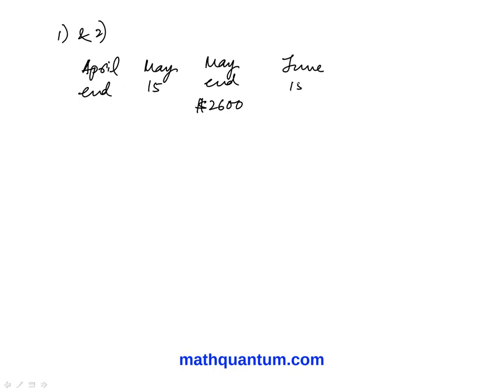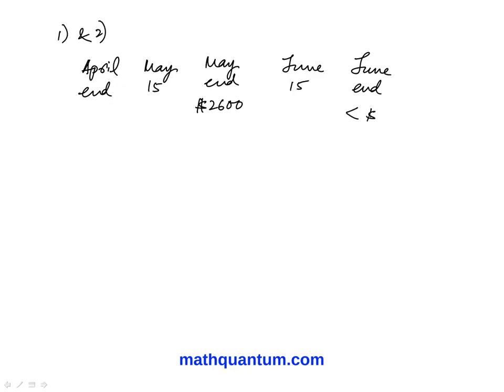So now we need to combine statements 1 and 2. So here we're given that May end, the balance is 2,600. And May 15th, something happened, and then this is April end. And then June 15th, some transaction happened, and then this is June end.